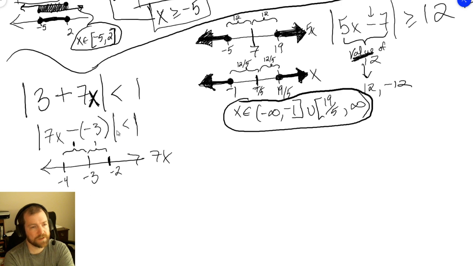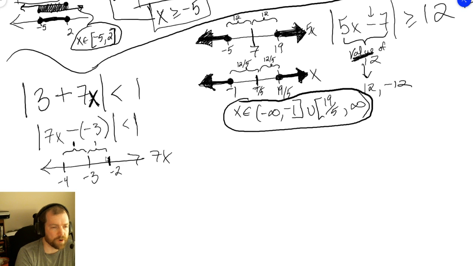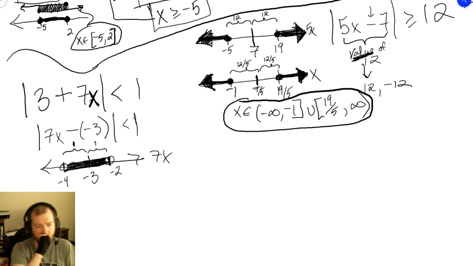The distance, that subtraction, must be less than 1. So the total distance must be closer than these borders. So we shade in between. Must be closer than the borders, so we have to shade in.